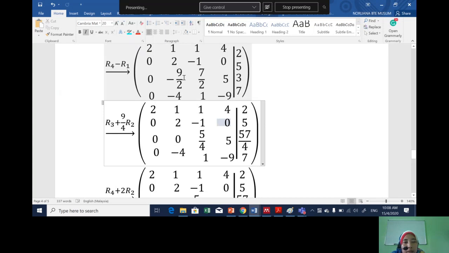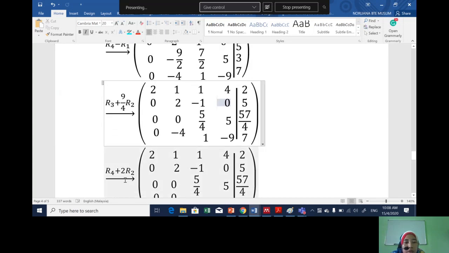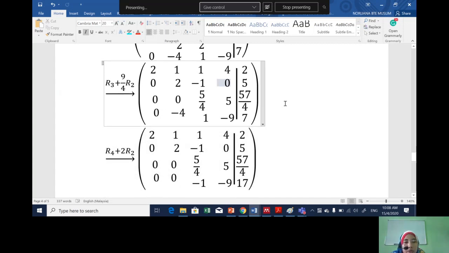Then the next step is to make the numbers below this 2 become 0. Make -9 over 2 become 0, and make -4 become 0. So we have to do row operations for row number 3 and row number 4. These two steps you can combine at the same time, or do them separately; it's up to you.